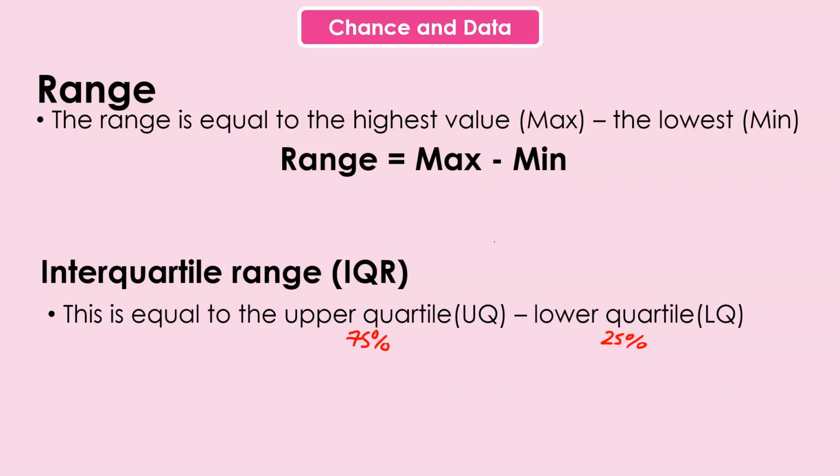So in other words, rather than the median dividing our values in half, quartiles divide the data into quarters. These are the points halfway in the lower part below the median and halfway in the upper part above the median. So the IQR is equal to the upper quartile take away the lower quartile.